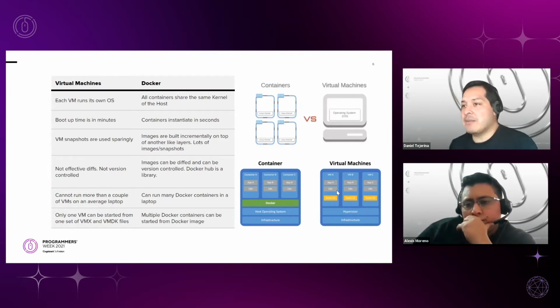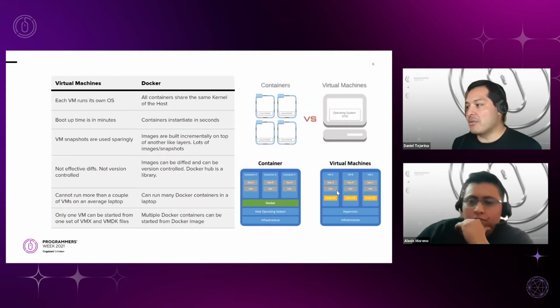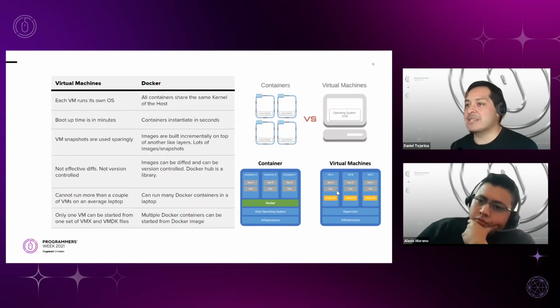For example, if we have a machine with 16 gigabytes of RAM, when we create virtual machines, we can split these resources among them, and each virtual machine has its own operating system and its own resources. So the entire resources that we have in the server are split among the virtual machines.